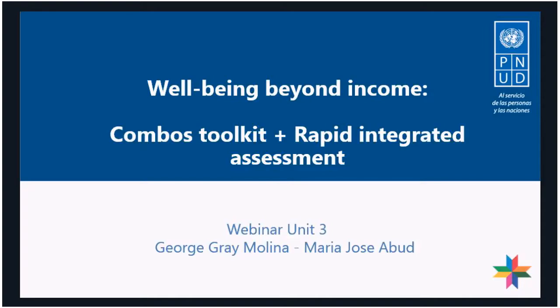The importance of a combos approach. You may have seen this graph, this infographic.